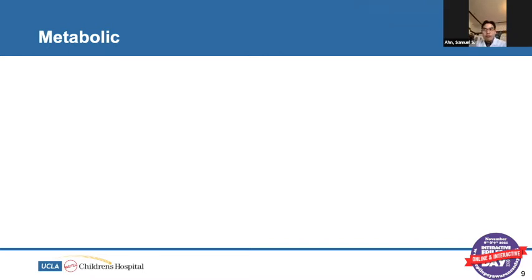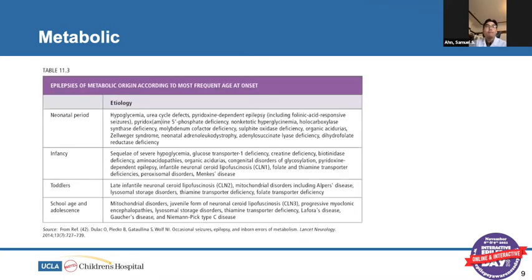There are over 750 types of metabolic disorders that have been described. This table here, again, is considering the various metabolic syndromes based on age, and this is really focused on the childhood onset metabolic syndromes, because it is often in the childhood period that metabolic syndromes emerge.